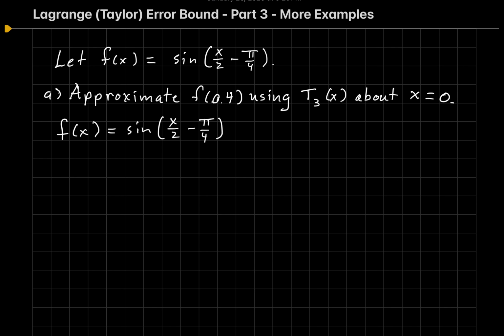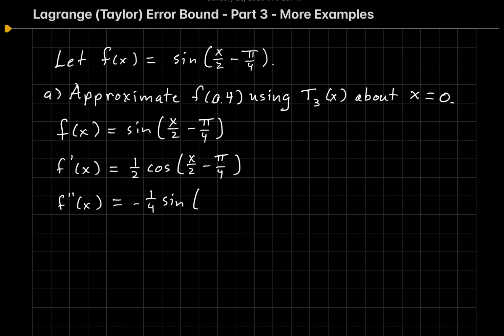So f of x is a sine. F prime of x is cosine, but I have a chain rule of a half. In fact, we'll have a chain rule of a half each time. I get 1/2 cosine of 1/2 x minus pi over 4. And then f double prime is negative 1/4 sine of 1/2 x minus pi over 4.